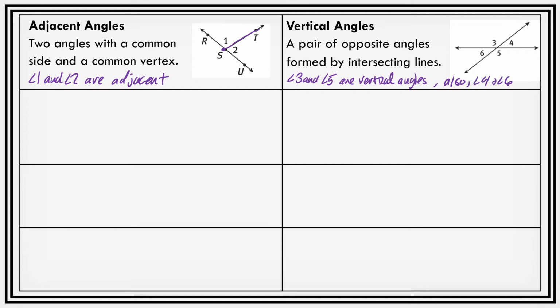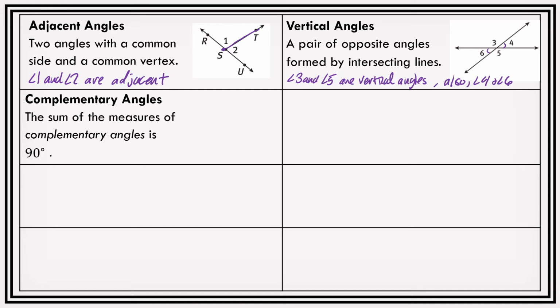If you look at them, it's a pair of angles formed by intersecting lines. These lines intersect to form the ones right across from each other. They're vertical angles. We'll show later on that vertical angles have the same measure, meaning that they are congruent, okay? We'll talk about what congruent means later on. You don't have to worry about that, but just know that they have the same measure. We'll prove that too.